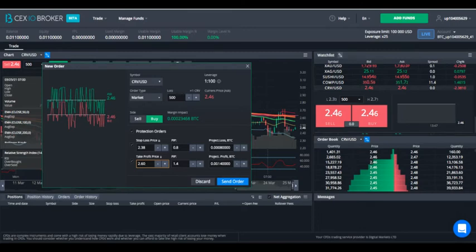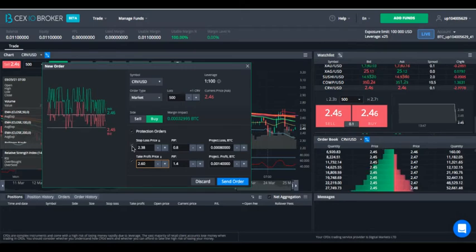So this is a great way. Before you actually make the trade, you can preview it and actually see what would be your losses or your gains if the trade goes according to plan or not according to plan. Okay, so I think this is a great feature that you must always look at when you're executing your trade.